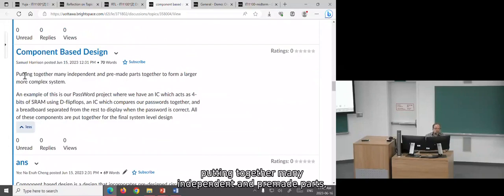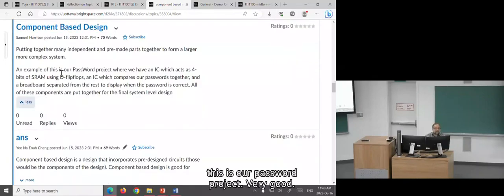Samuel wrote, putting together many independent and pre-made parts, components from a library, together to form a larger, more complex system. Very good. An example of this is our password project, where we have an IC which acts as 4 bits of SRAM using D flip-flops, and an IC which compares our passwords.